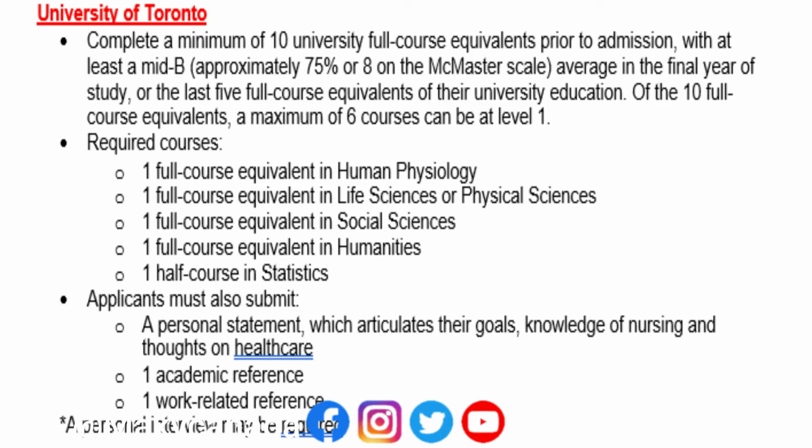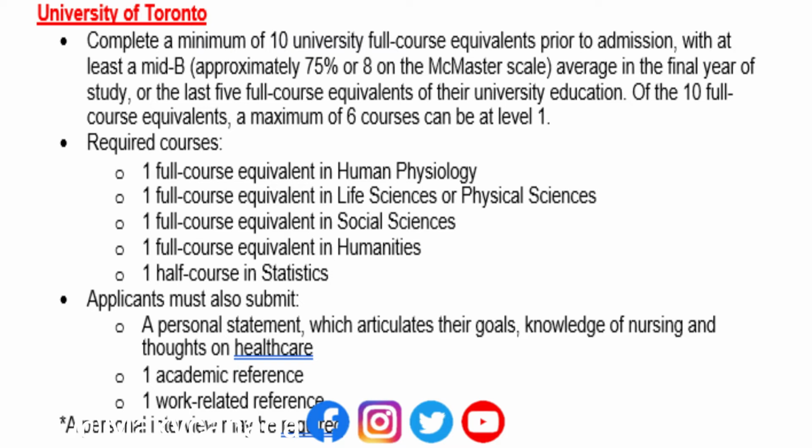To get into the accelerated nursing program at University of Toronto, you must complete a minimum of 10 university full course equivalents prior to admission with at least a mid-B, approximately 75%, or 8 on the McMaster scale, average in the final year of study or the last full course equivalent of university education. Of the 10 full course equivalents, a maximum of 6 can be level 1.